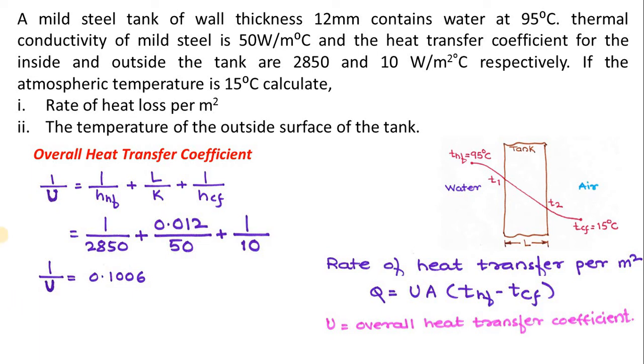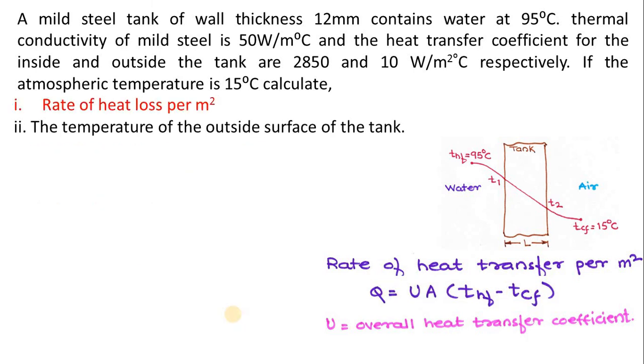Now we need to find out U, right? So U is equal to 1 upon 0.1006. So it will be equal to 9.94 watt per meter square degree Celsius. By means of the definition of overall heat transfer coefficient, we got this unit, right? So now I have to use this formula.